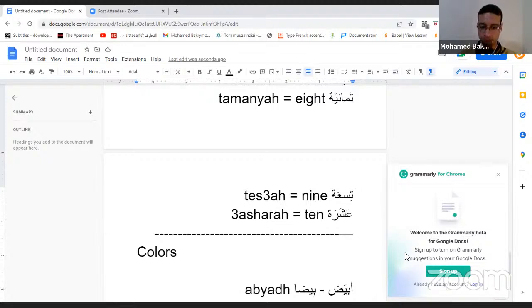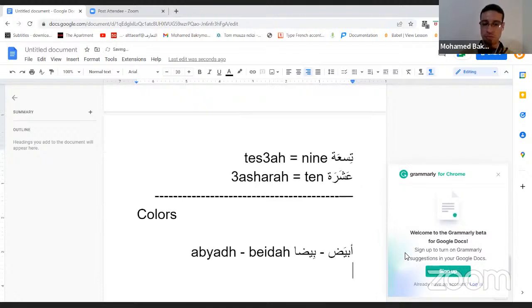Okay, so أبيض. And the feminine is بيضة. Okay, أبيض بيضة. This pronunciation is for Egyptian Arabic. And then the next, sorry, I will write here the meaning. So here the meaning is white.